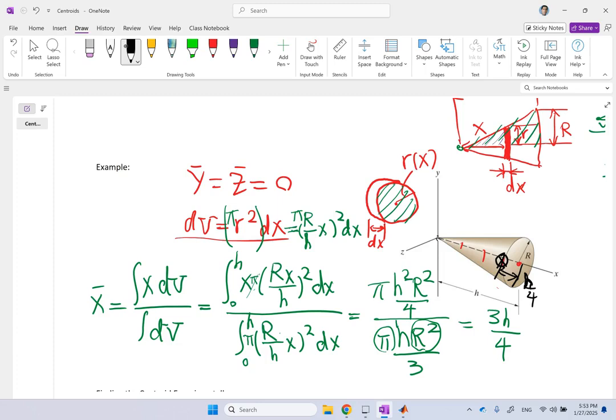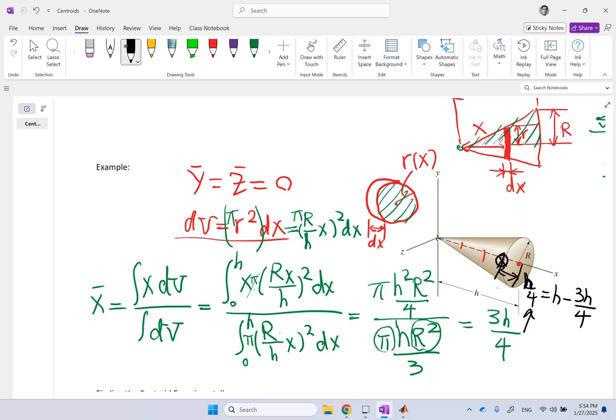You see, for a triangle, it was 1/3 of the height. For a cone, it's 1/4 of the height. Okay? So clearly you see that you cannot compare a cone to a triangle because of this revolution that you don't have in the triangle.